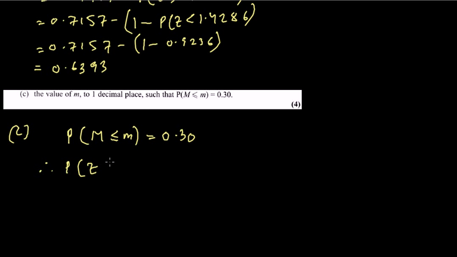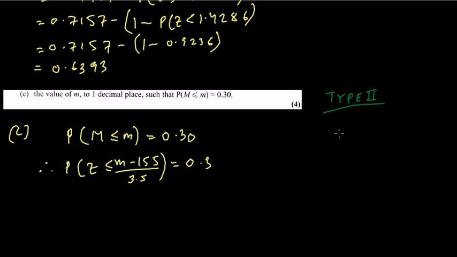So z is less than or equal to m minus 155, where 155 is the value of the mean, divided by the standard deviation 3.5, equals 0.3. The probability doesn't change when you do the z-score. In this type 2 sum, the probability is given and what you have to do is find the random variable.